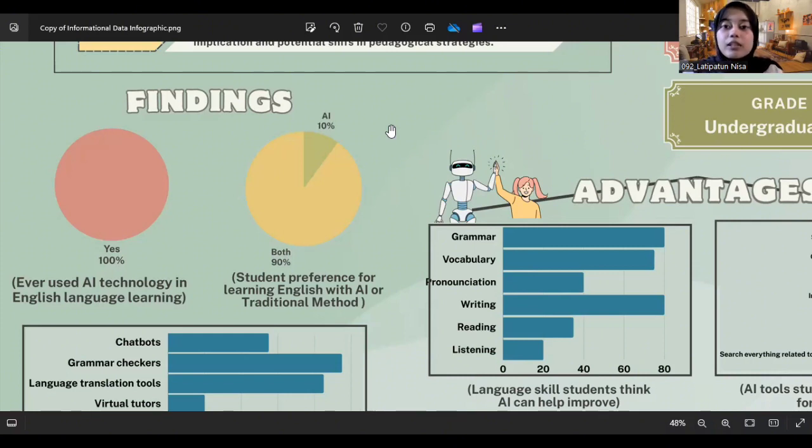And then the next question is the students' preference for learning English with AI or traditional methods. As we can see here, the preference for using AI alone in learning English is only 10%, and 19 students agree that they used both AI and traditional methods for enhancing English language learning.